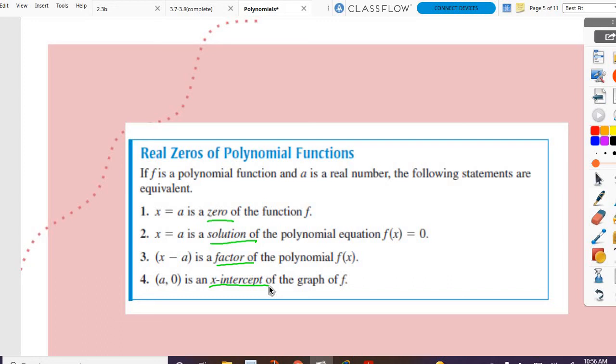The biggest thing to note, though, is that for your factor, remember that the sign is going to be opposite of what your zero or your x-intercept is at. Which is going to be important when we're looking at our graph, either trying to get the equation or make the equation. We're going to have to flip the sign of our factors.